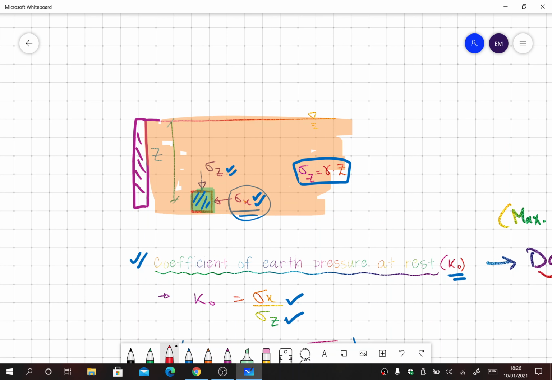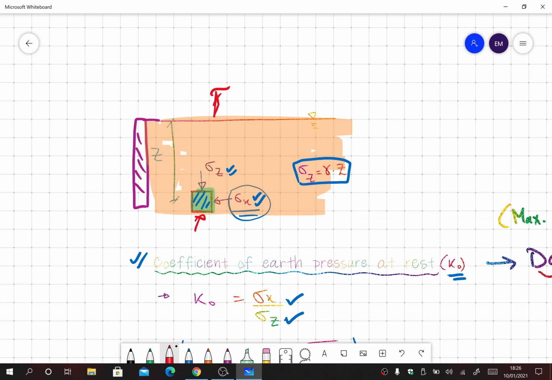Previously, in our stresses class, we already discussed the principal stresses. We do not see any shear stresses on this element. If we talk about this particular element, there are no shear stresses acting on the planes where sigma z and sigma x are acting. So that means these are the principal stresses. We know that always one is a major principal stress and the other is a minor principal stress.